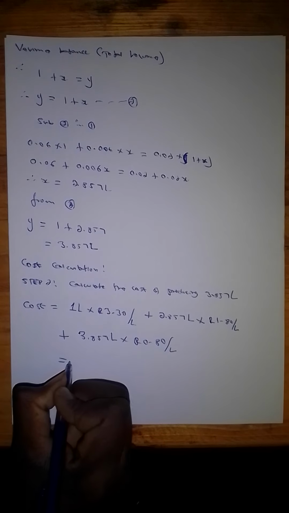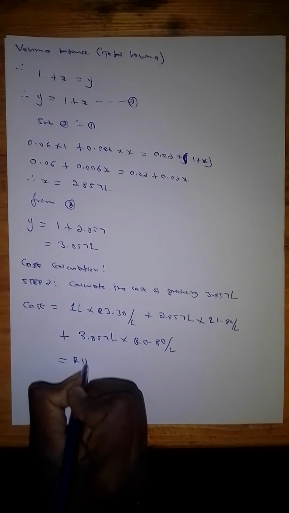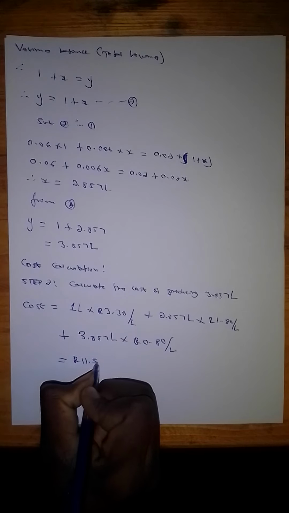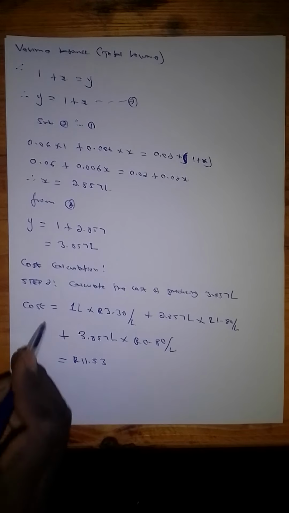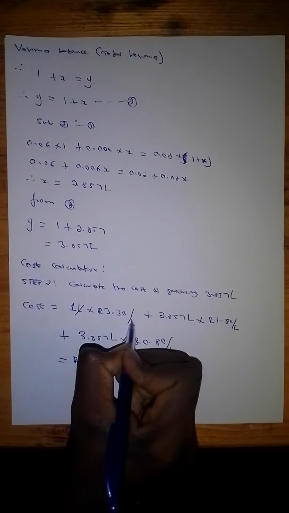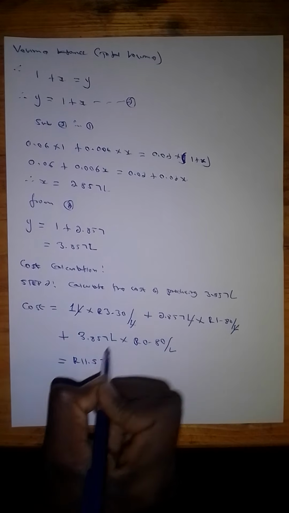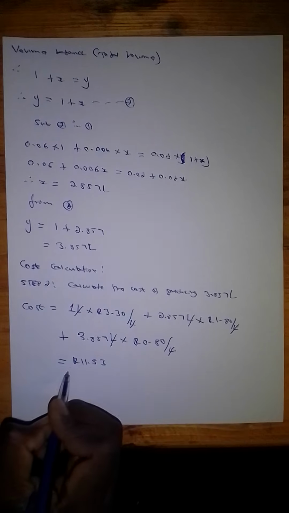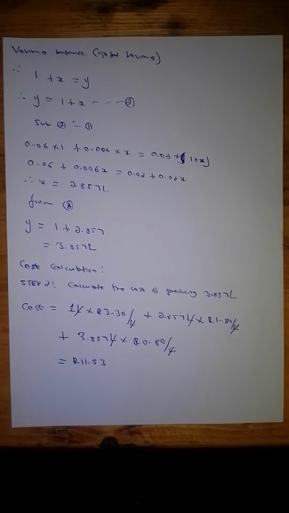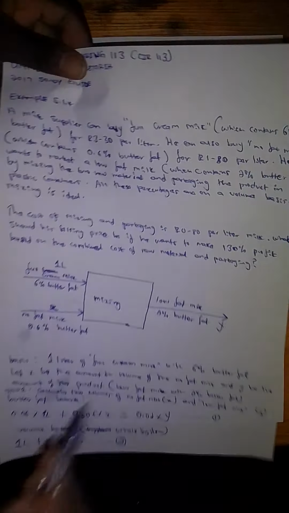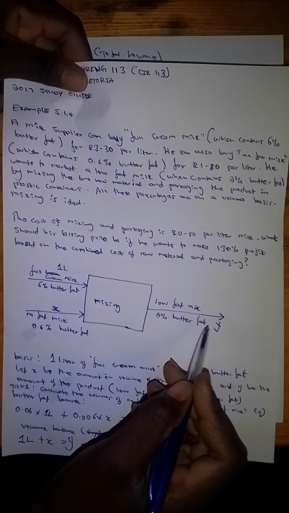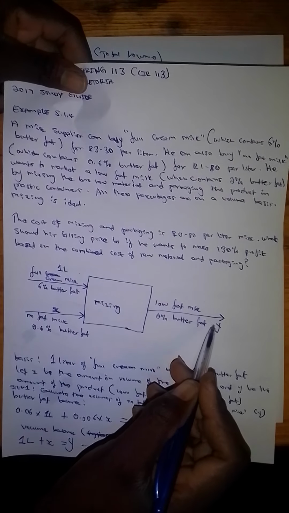If you calculate that, it gives you 11 rand 53 cents. If you check this, you'll realize that the liters fall off and you're left with just an amount. The 11 rand 53 is the amount that was used to produce 3.857 liters.